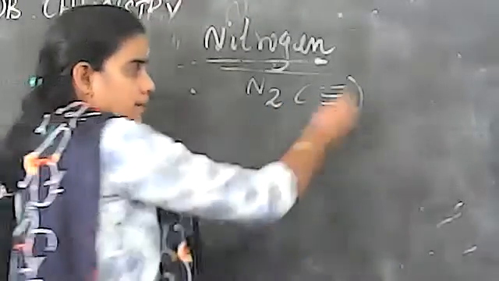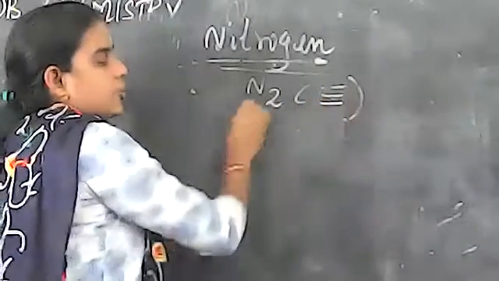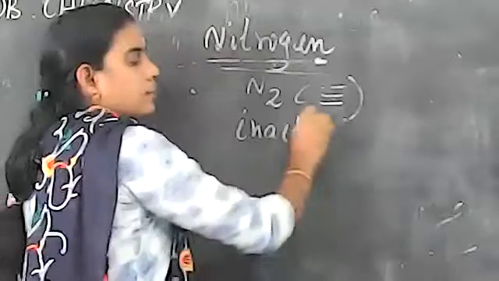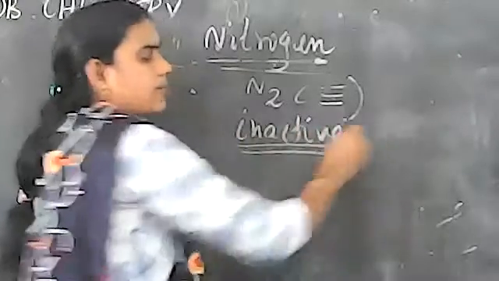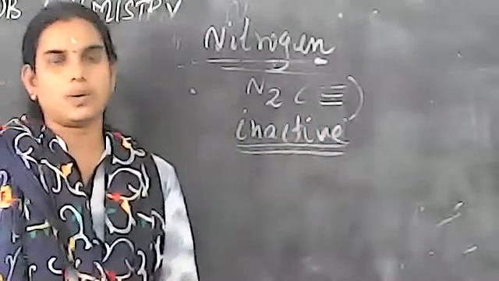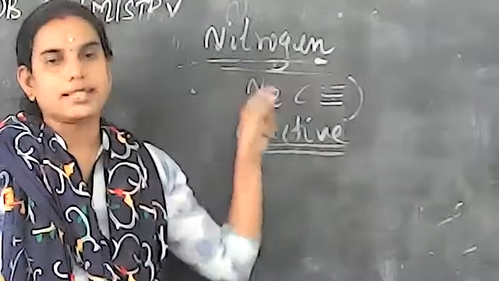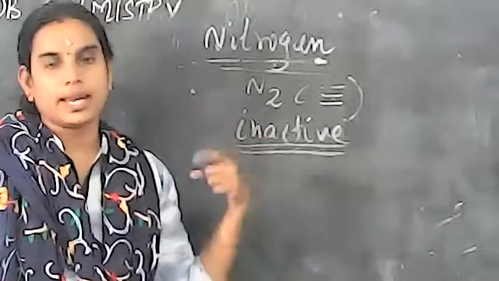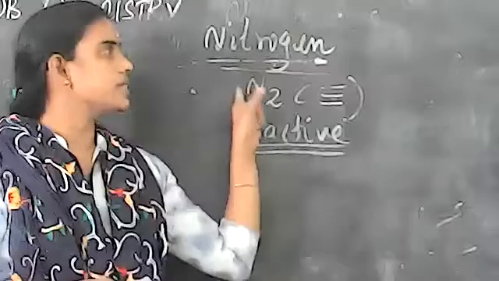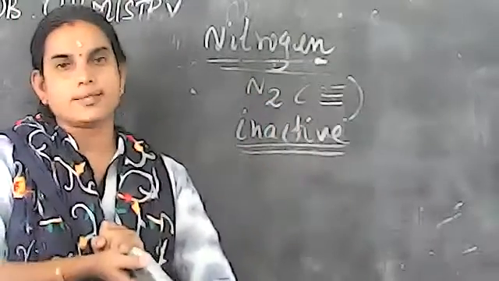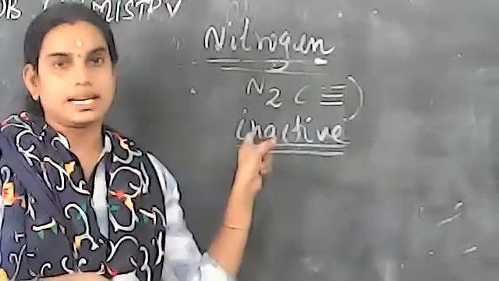Due to this triple bond, it is inactive in nature. Nitrogen is used by plants for growth, as a nutrient. So how is this nitrogen absorbed by plants? Because it is not a direct process.